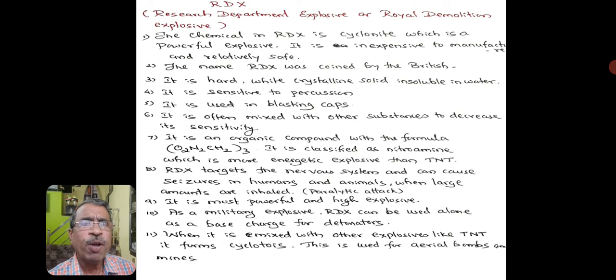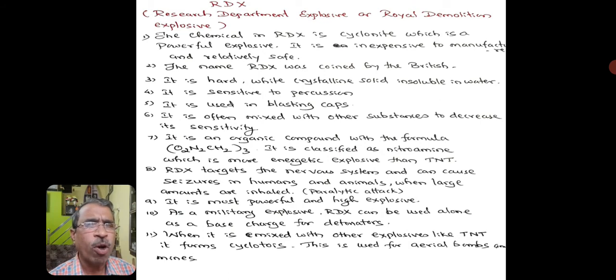It is a most powerful and high explosive. That's why RDX belongs to secondary explosive material. As a military explosive, RDX can be used alone as a base charge for detonators. When it is mixed with other explosives like TNT, it forms cyclotol.